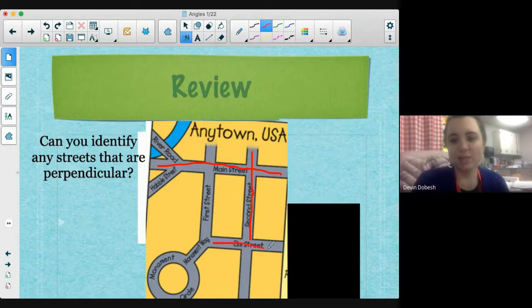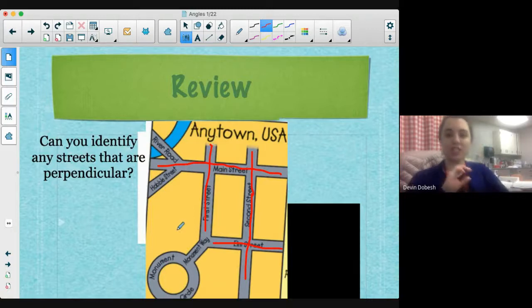We've got Elm Street that runs this way. So I would say 2nd Street and Elm Street. I also see Main Street crosses 2nd Street. Main Street crosses 1st Street. They're perpendicular to each other.